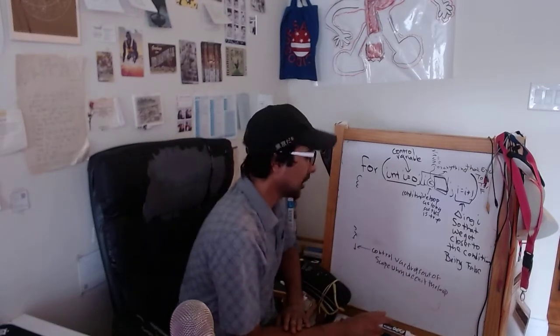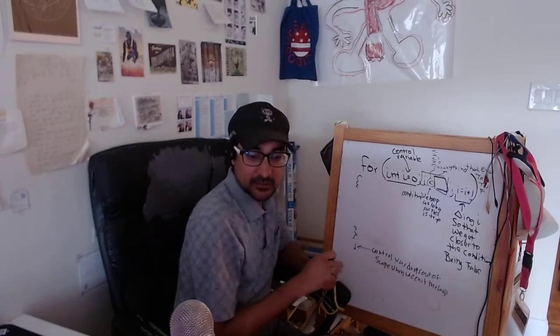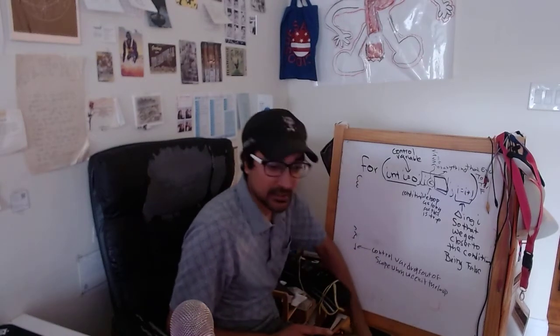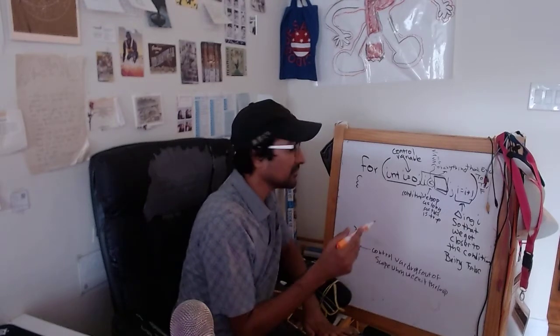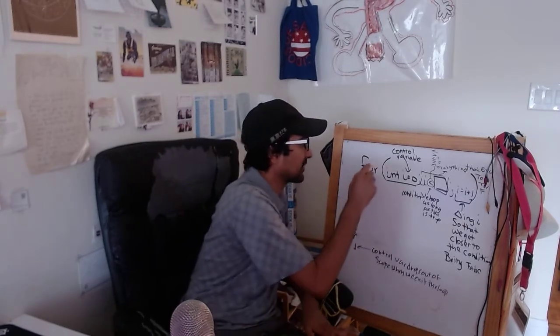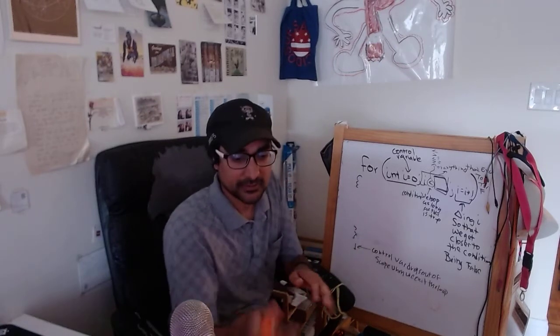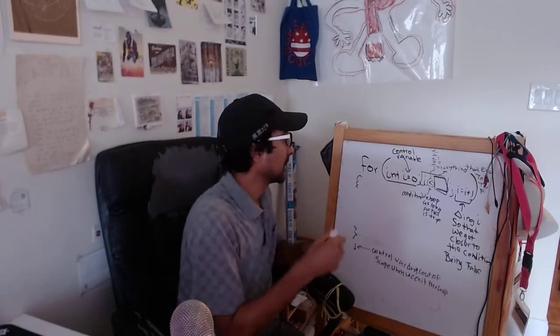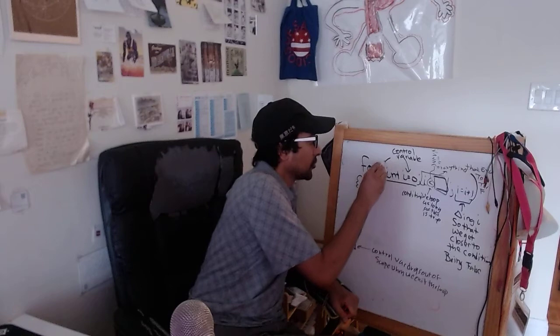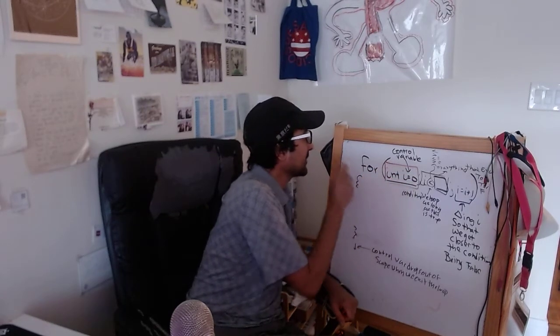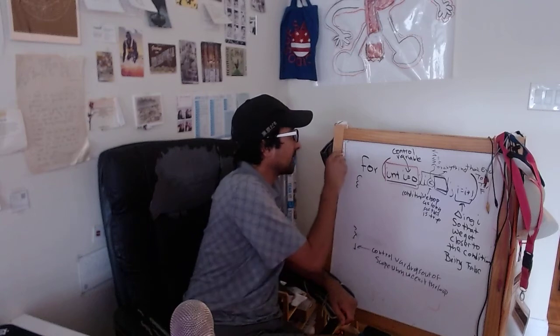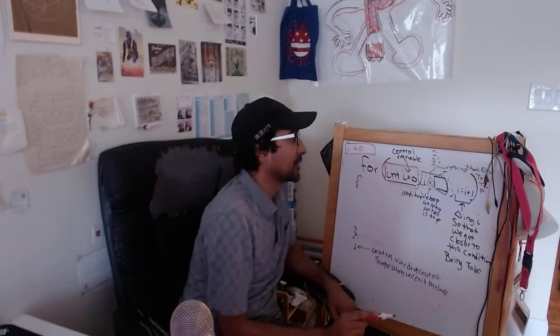All right. And finally, what we have is how this thing actually starts, because students sometimes have issues with understanding that. Why don't I use red, because orange doesn't seem to be showing up today. So we run this, and that creates I in memory. This is literally I equals 0 in memory.